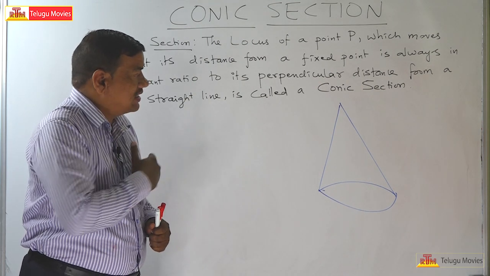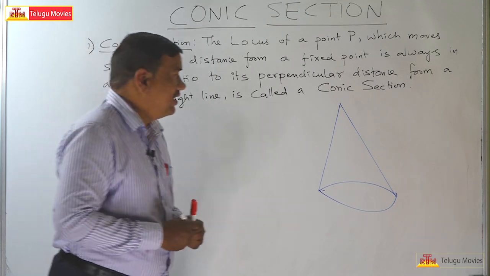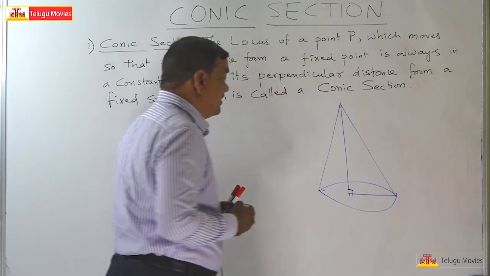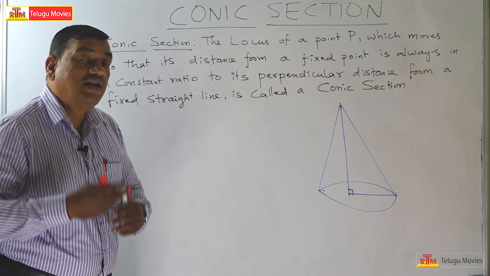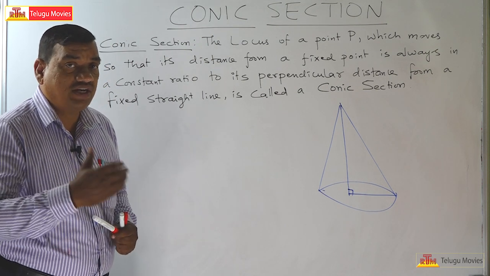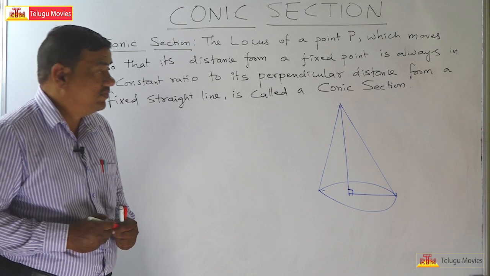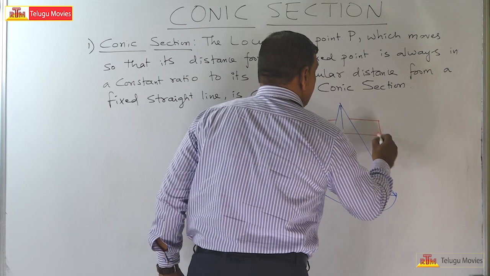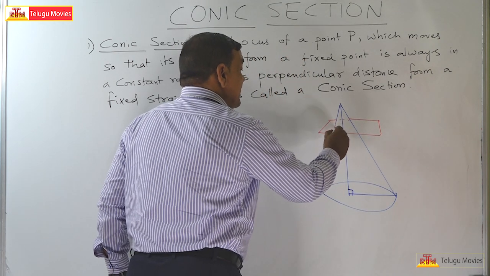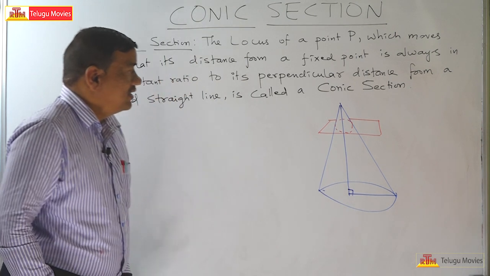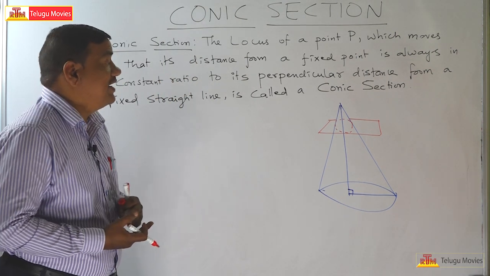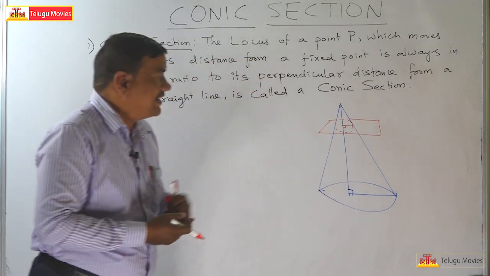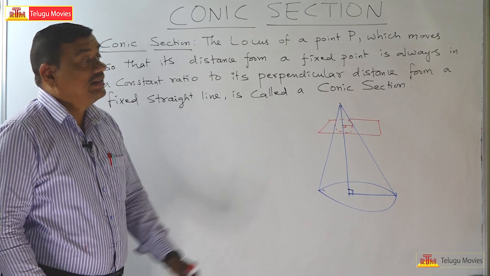If you cut with the plane at a certain angle, you will get different types of shapes if you observe from the top of the cone. For example, if you cut this cone like this, at the top you will get a circle. That means if the plane is perpendicular to the axis of the cone and you cut it, then you will get a circle.